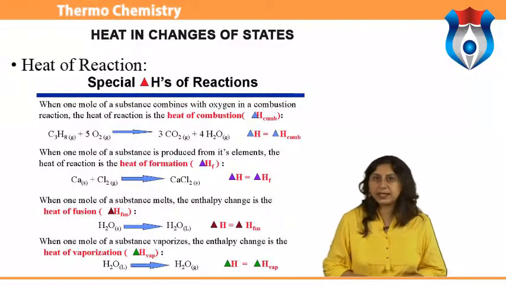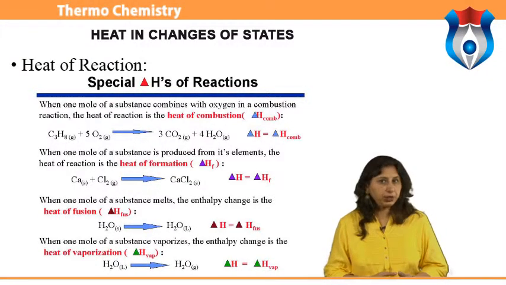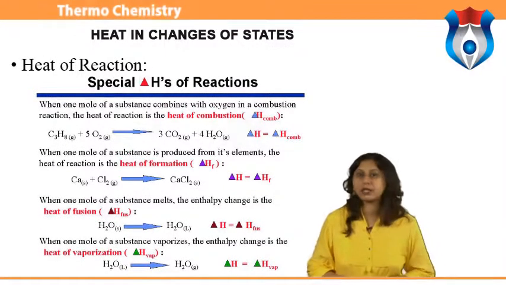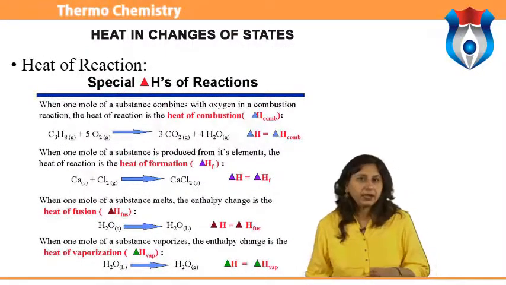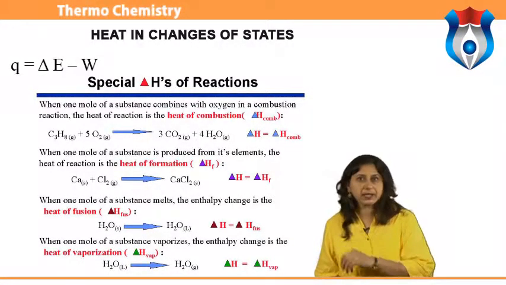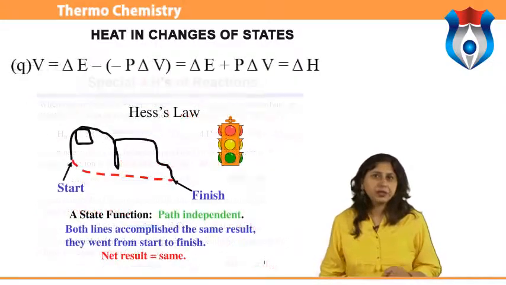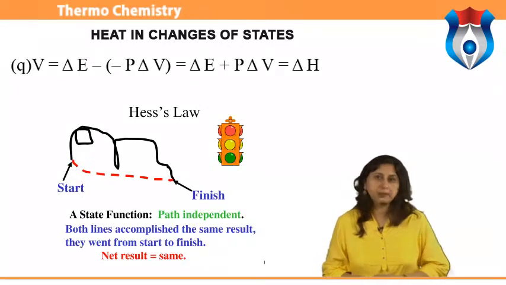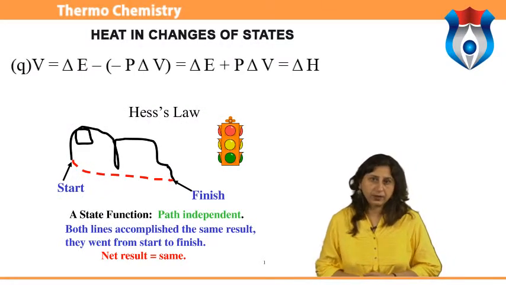If Q is the heat of reaction, W the work done by the reactants during reaction, then according to the first law of thermodynamics, one can write Q = ΔE − W. Thus, the heat of reaction at constant volume, Q_V, is the change in internal energy of the system during a chemical reaction.